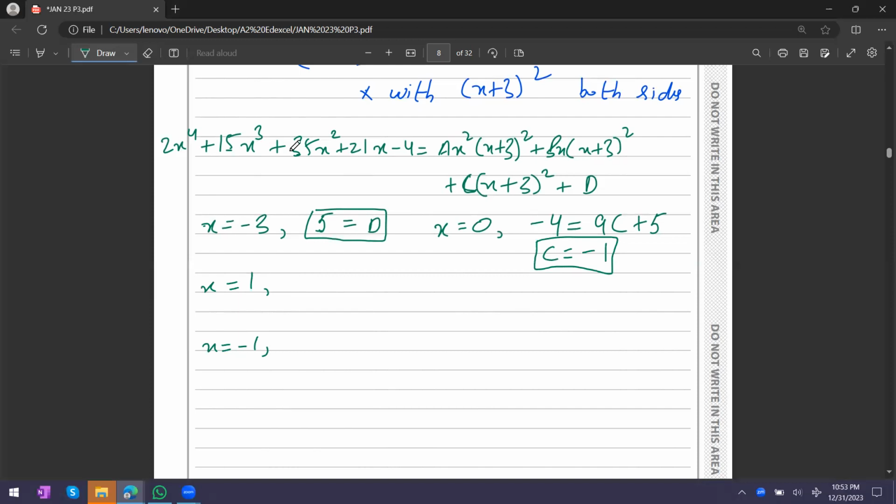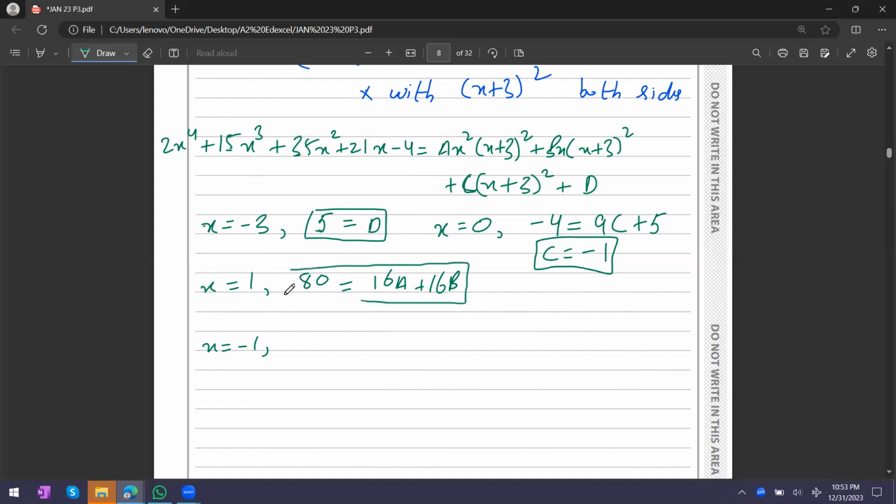You can put 1 on the left side, and you can use the d and c values already found. When you simplify, you get an equation only in terms of a and b. 80 is equal to 16a plus 16b.